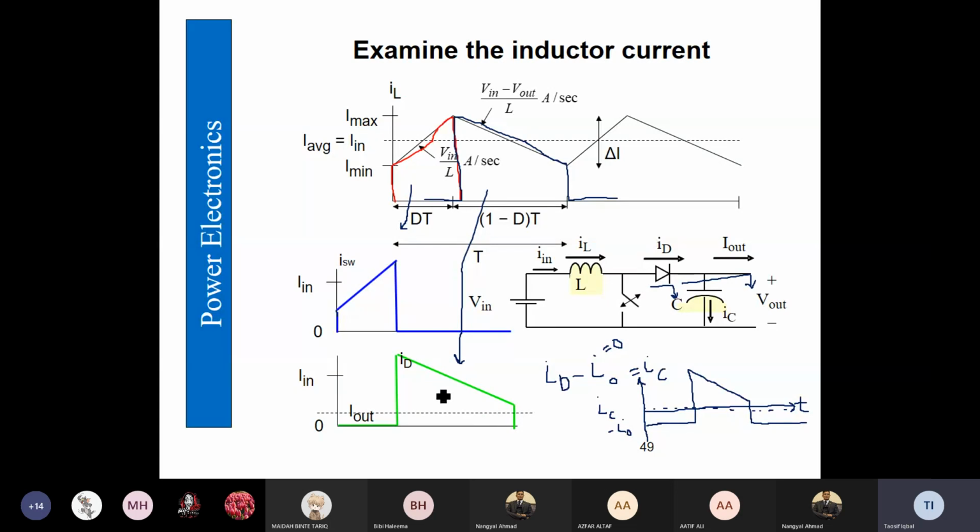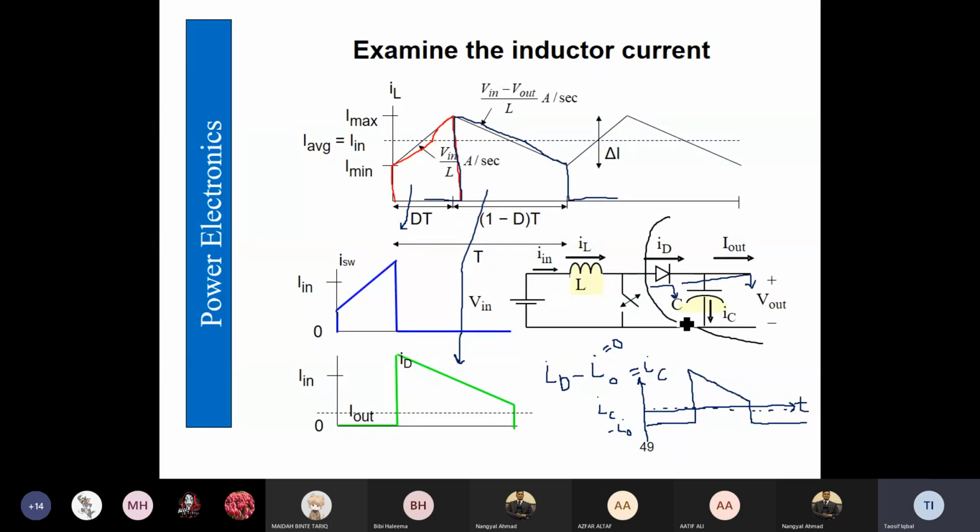So therefore, the load side supply current is coming from the diode current. From here onwards, the source current becomes the diode current, not the inductor current. But we are taking diode current from the inductor current during the off time. So the diode current in this case gives us the information of the load current as well as the capacitor current.